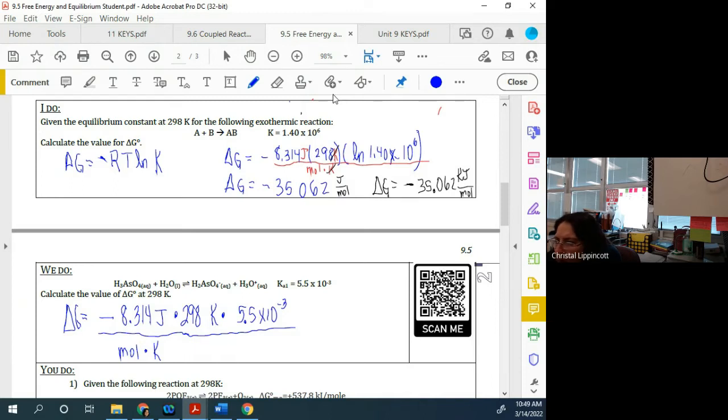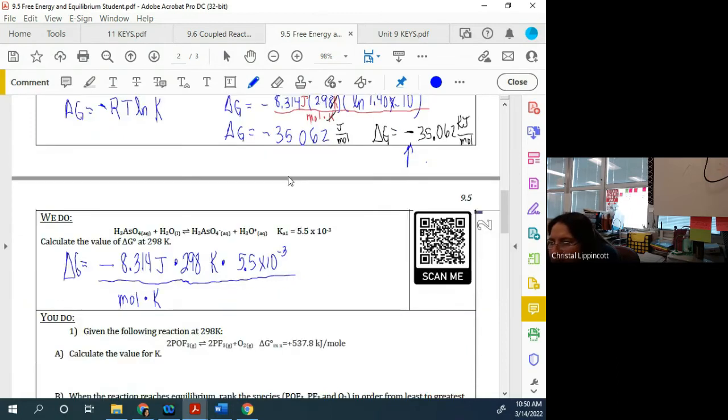So when we come out with an answer here that's negative delta G, that meshes with this K value, doesn't it? What does that mean? Because if K is greater than 1, then it should be thermodynamically favorable. If delta G is negative, it's thermodynamically favorable.